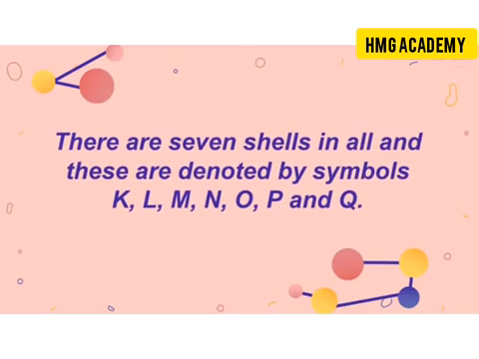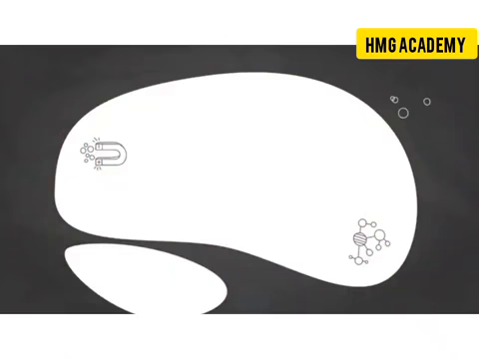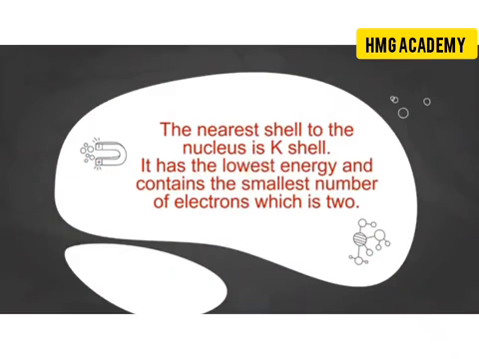These are denoted by symbols K, L, M, N, O, P, and Q. The nearest shell to the nucleus is the K shell. It has the lowest energy and contains the smallest number of electrons, which is 2. Please note, it cannot hold more than 2 electrons.